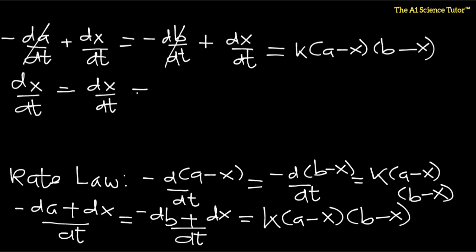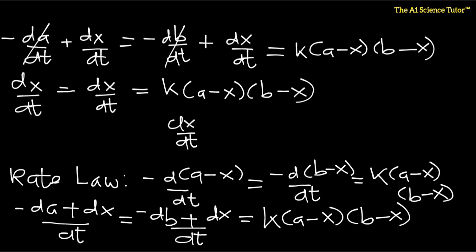So on the right hand side, what we have is k multiplied by (a minus x), which is also multiplied by (b minus x). So I could basically just use 1. So the new equation that we have is dx/dt equal to k into (a minus x) and into (b minus x), basically.